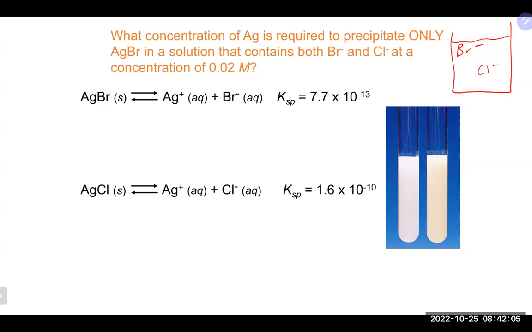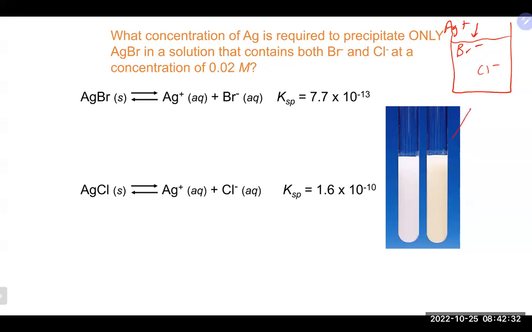And you decide, I would like to precipitate out those ions as silver chloride or silver bromide based on solubility rules, right? Chlorides and bromides are soluble in everything except for silver, lead, and mercury. So if you decide you want to add silver to bring them out as silver chloride or silver bromide, they will precipitate out.